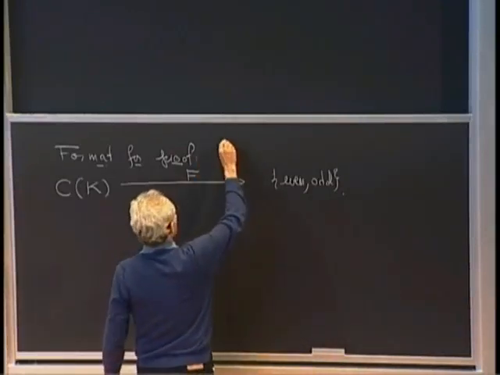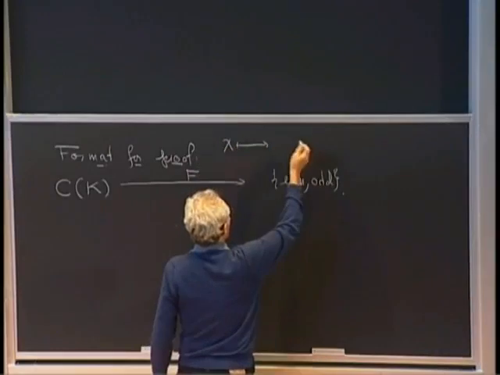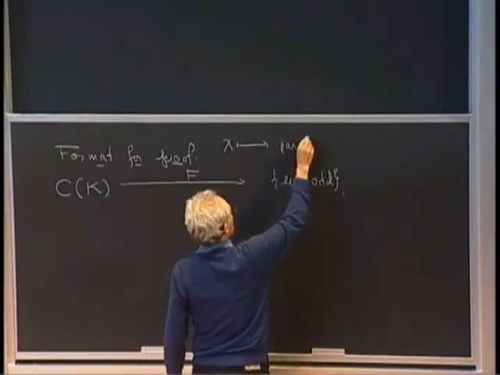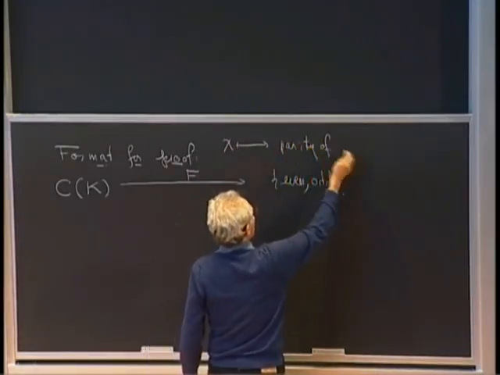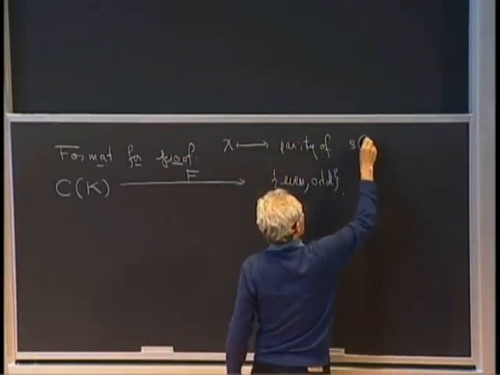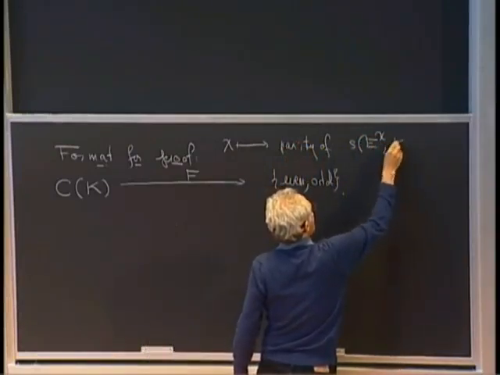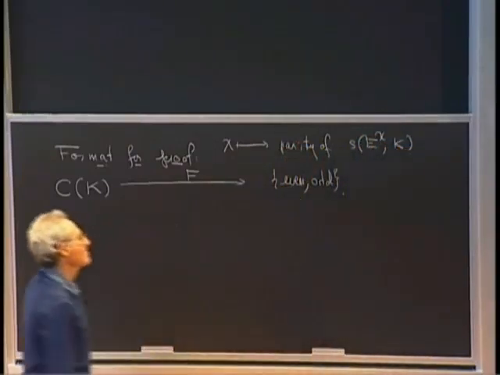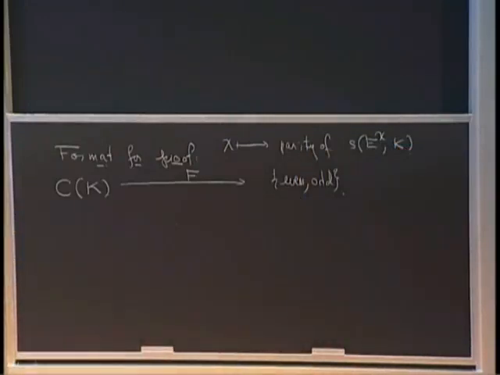So chi goes to the parity of S of E chi. Okay, so we want to understand this. So here's what you prove.